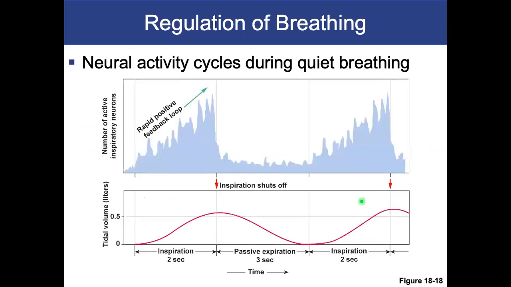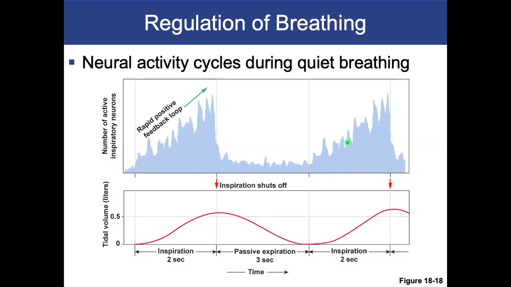Okay, so this just shows your inspiratory nervous chatter. So nerves increase firing, and that causes your diaphragm and external intercostals to start contracting, and you take a breath in. Then those nerves shut off, and because they shut off, the muscles relax and you exhale out.